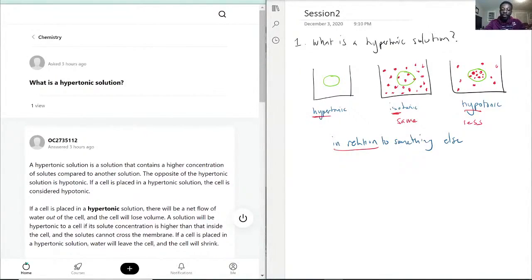Hypertonic, you probably guessed, would be more. This is where the ball is going to look quite empty, and the solution is just jam-packed.